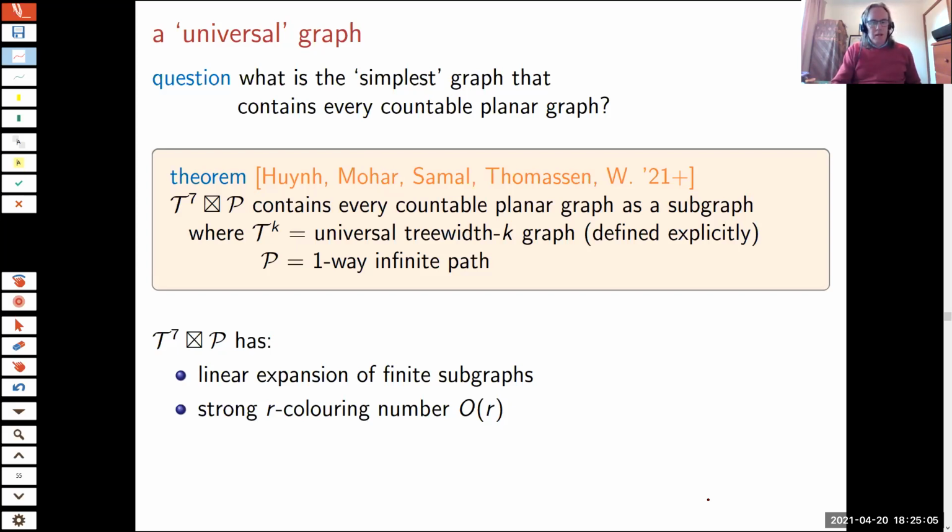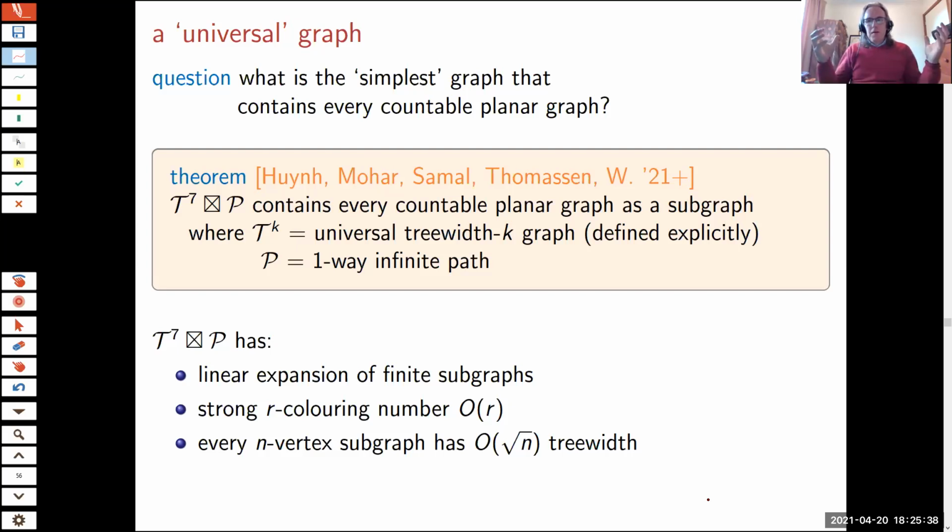This is a very generic measure of sparsity, really. Another one is that every n-vertex subgraph of T7 times P has big O of root n tree width. So this implies that every n-vertex subgraph of T7 times P has a root n size separator. So this theorem implies the Lipton-Tarjan separator theorem for planar graphs, which is, I think, a very good measure of whether this universal graph is a good universal graph for planar graphs.